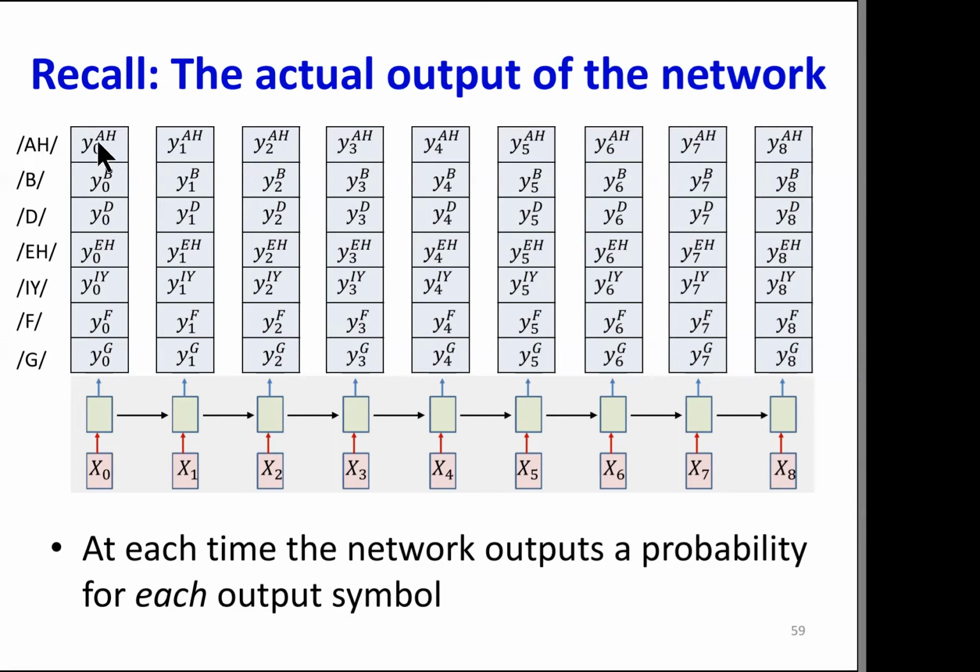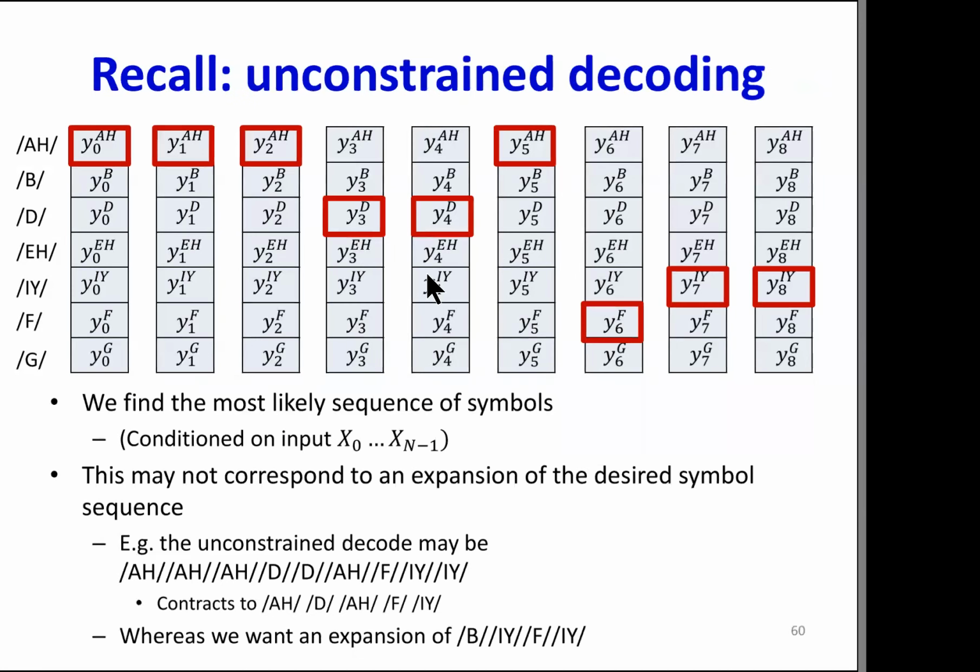So assuming we're performing speech recognition, at each time you're going to be getting a probability distribution over all of the phonemes. And so you could just pick the most likely phoneme at each time. If I pick the most likely phoneme at each time, will this give me an alignment of my desired target output?